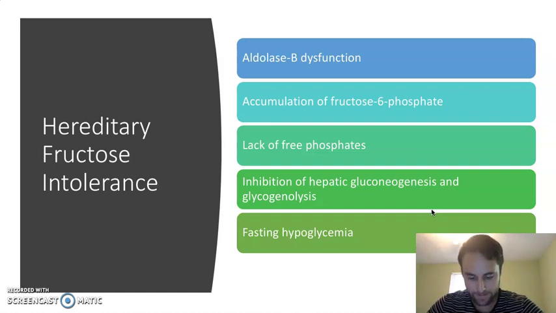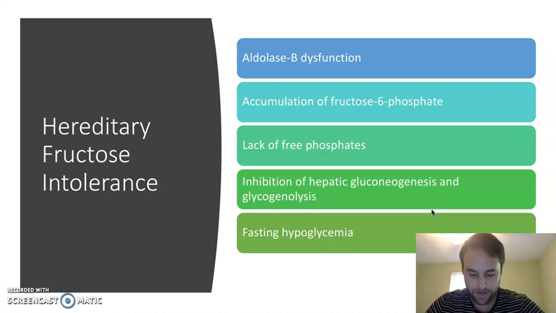One way this condition presents itself is with hepatomegaly, which is consistent with Annie's condition. Additionally, the removal of free phosphates from liver cells inhibits hepatic glycogenolysis and gluconeogenesis, which would normally be used to maintain fasting blood glucose levels.